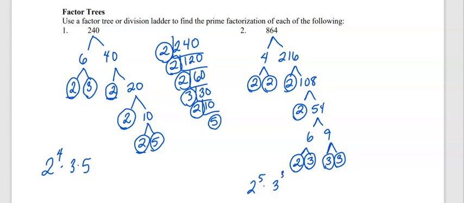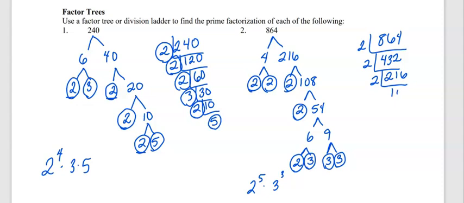Now again, I could also do this by a division ladder where I start with 864, but I have to divide by prime numbers. And so I generally stick with 2 and 3 if it's divisible by that, because it's just an easy way to roll with it. So if I divide by 2, that's going to give me 432. I can divide by 2 again to get the 216. I can divide by 2 again.